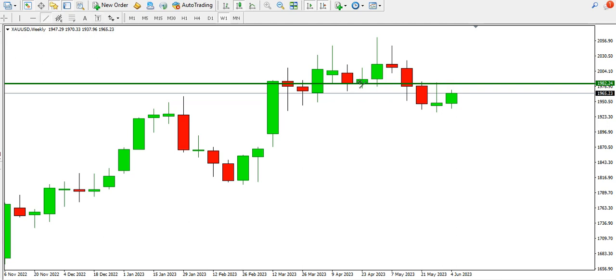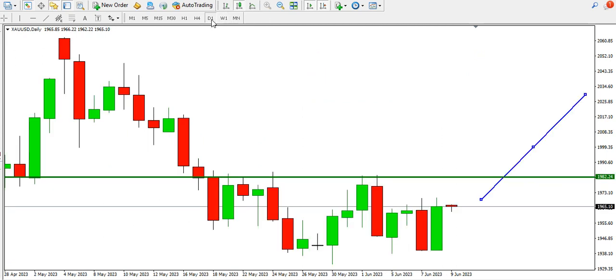This is a retracement or reversal pattern that might take price to the top. But before price gets to the top, we are likely to see price getting to the 1982 level. But that's what we have on the weekly time frame.